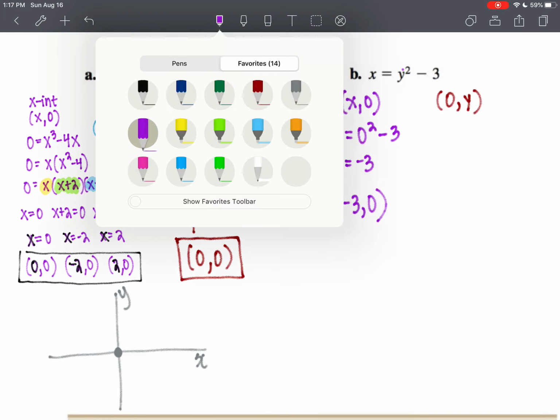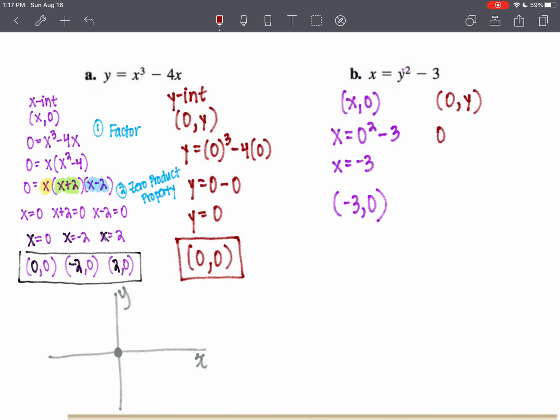My y-intercept, put a 0 in for x, and I get 0 equals y squared minus 3. I'll add 3 to both sides, and now I'll square root both sides. When I square root both sides, I have to do a plus or minus. So I've got plus or minus the square root of 3 equals y.